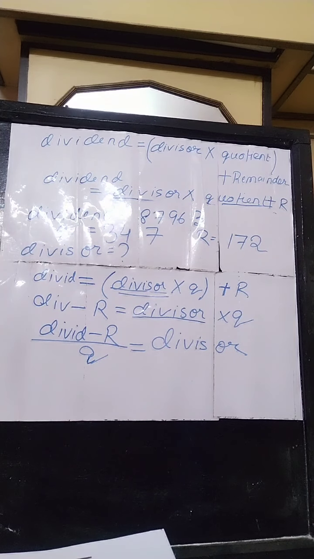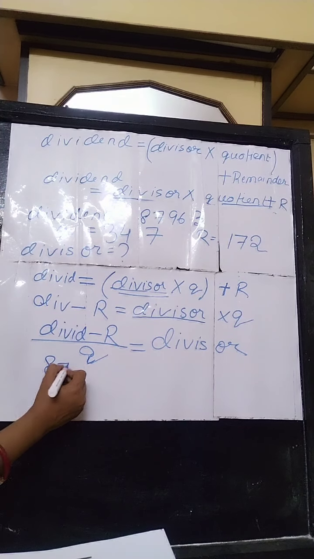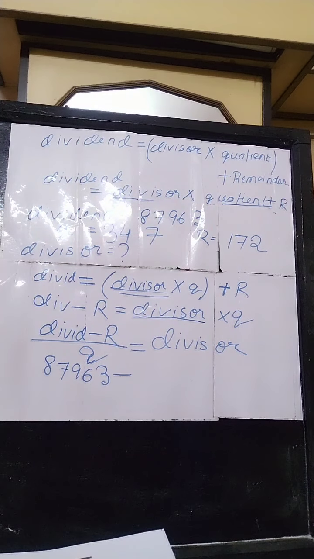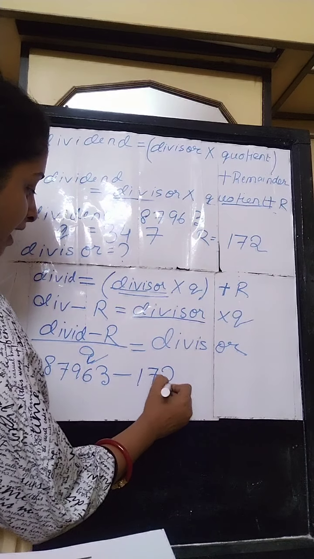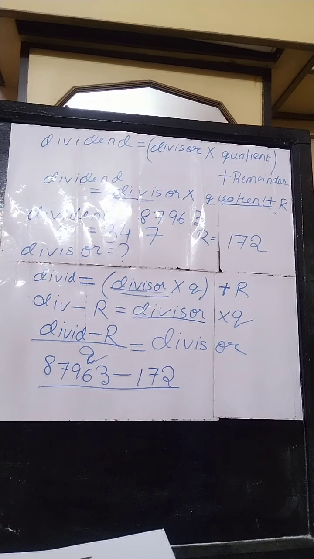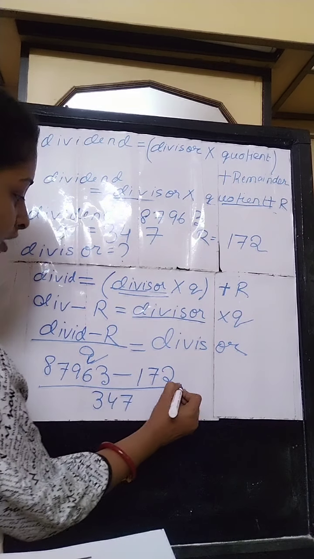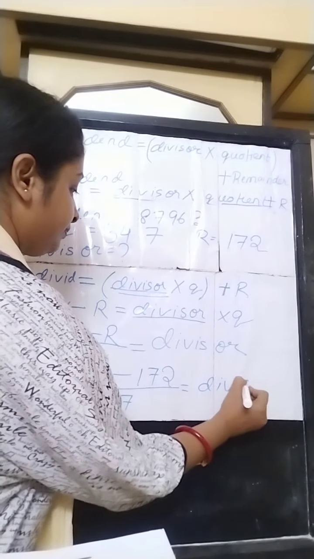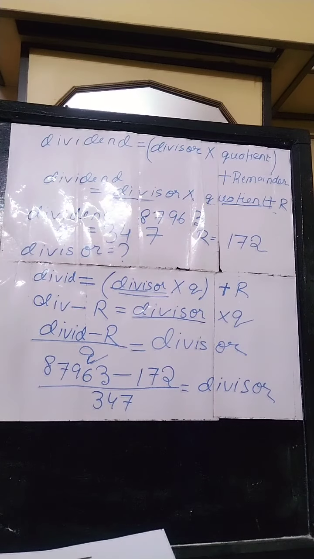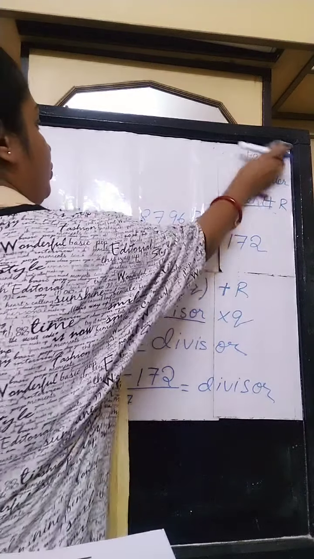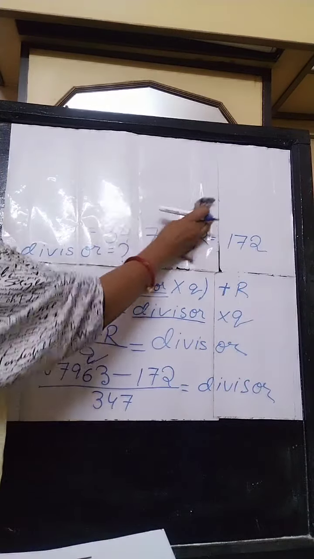So how will you place the figures? Dividend 87963 minus the remainder, that is 172, by the quotient which is given, 347. That is equal to the divisor. Now you have to do the calculation to find out the divisor. I am rubbing the upper part of the board in order to show you the remaining part of the calculation.